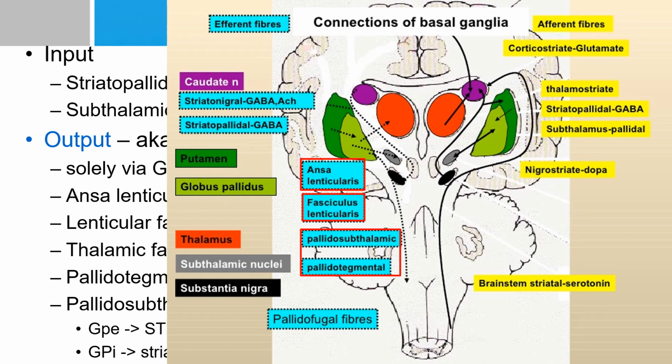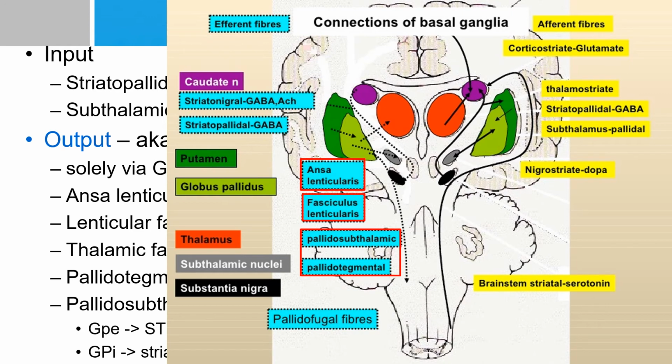The pedunculopontine nucleus, PPN for short, is a nucleus of the reticular formation and is associated with reticulospinal tract cells. And we'll cover those in the brainstem videos.